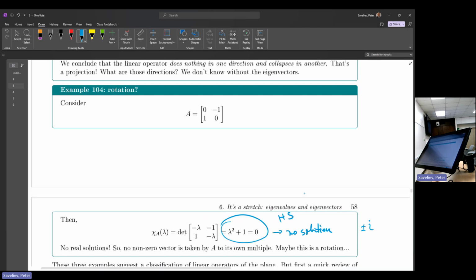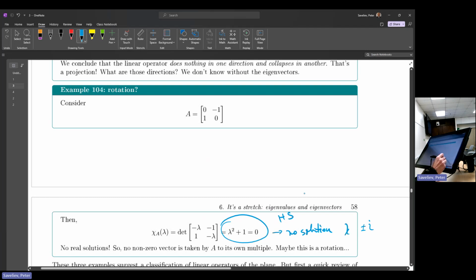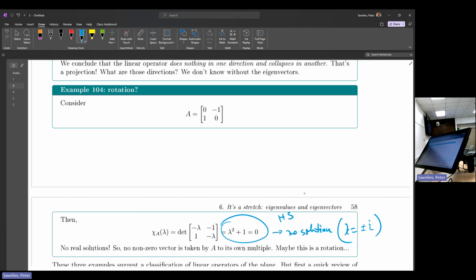Think about it. You have a vector. If these are my eigenvalues, what can possibly be the meaning of it? You have a vector, say (1, 1), and then you multiply it by i. What effect does that have? Everything becomes complex, not just the eigenvalues. You're moving from the realm of real numbers to the realm of complex numbers.